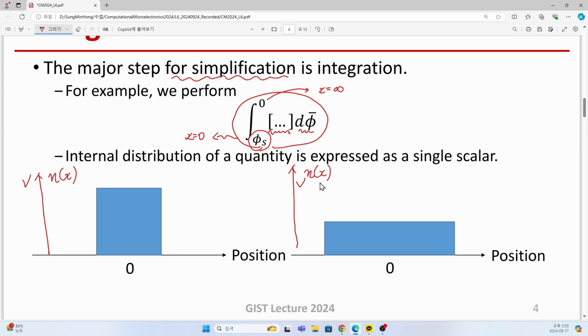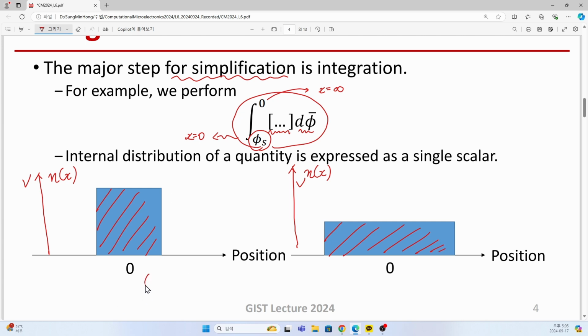When this is electron density, when we just make an integration, then we are more or less interested with this area underneath these two blue boxes. And of course, they have the same area.